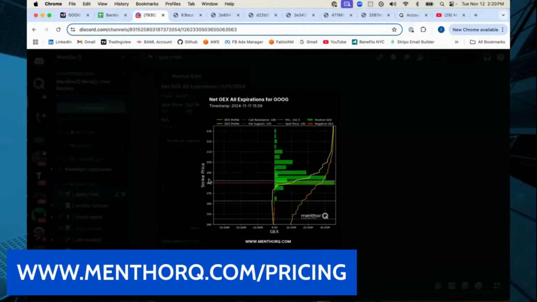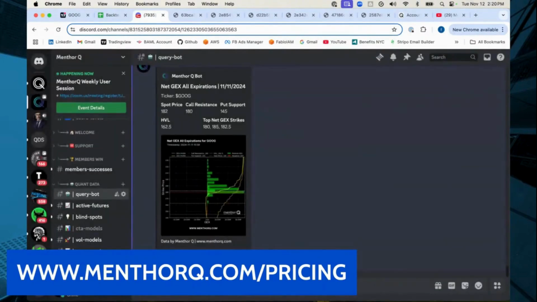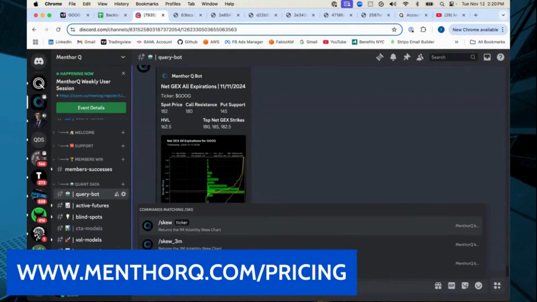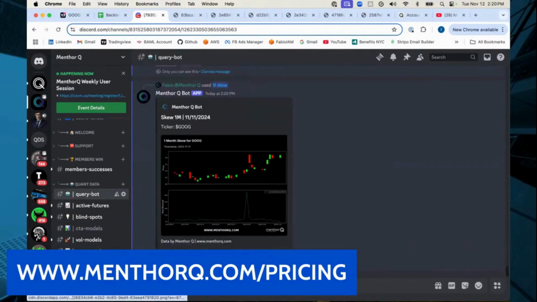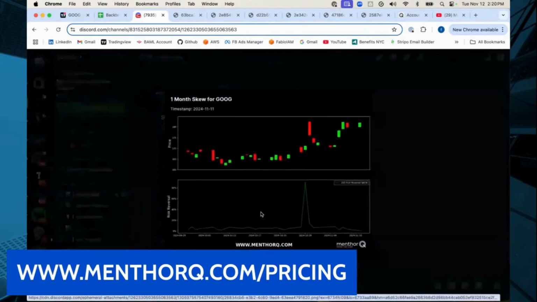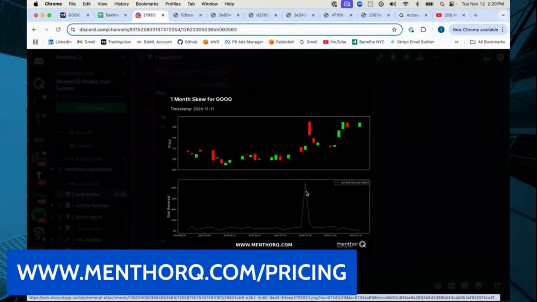Then the next step, I could look at things like our skew chart, which shows me if the market is more skewed towards the calls or the puts. In this case, you can see that the implied volatility of calls is really much higher than the implied volatility of puts.